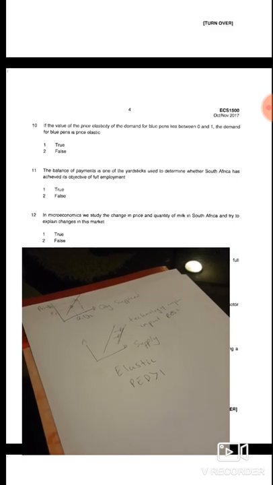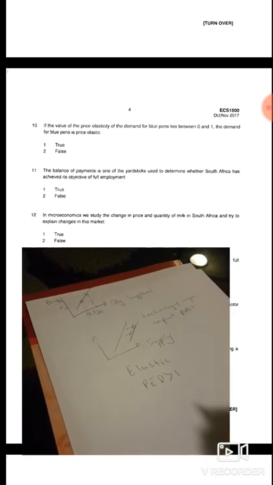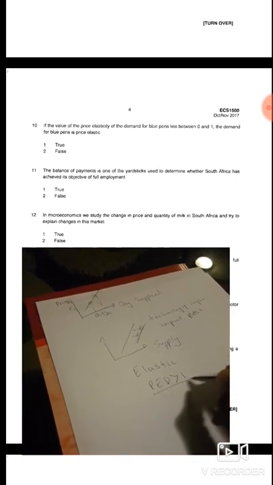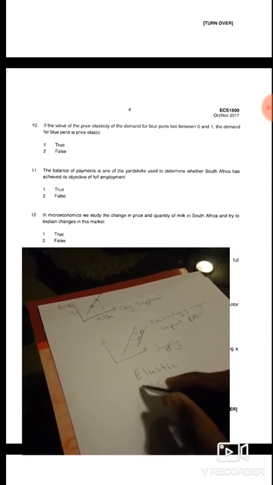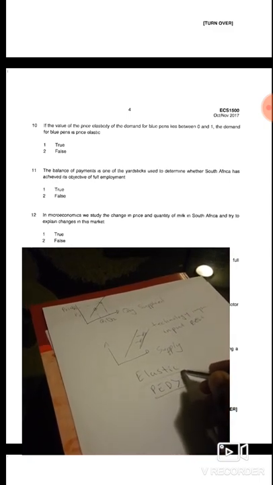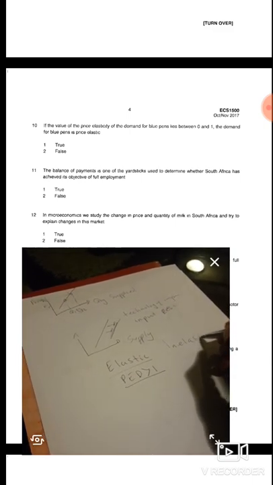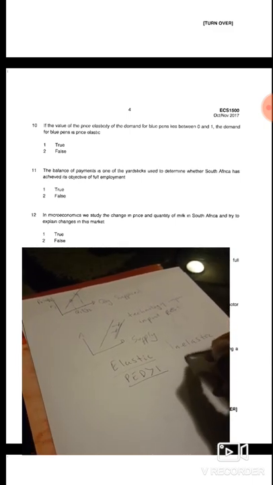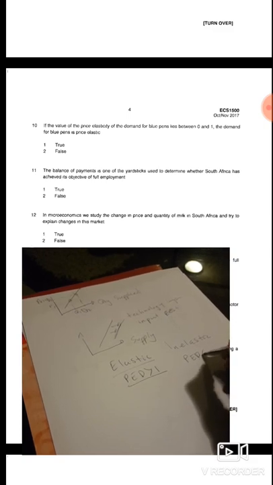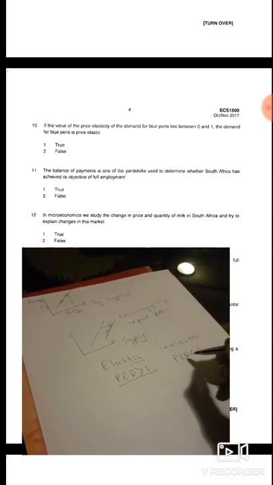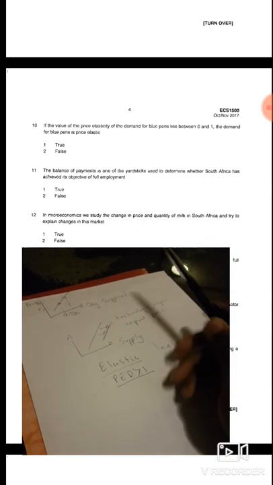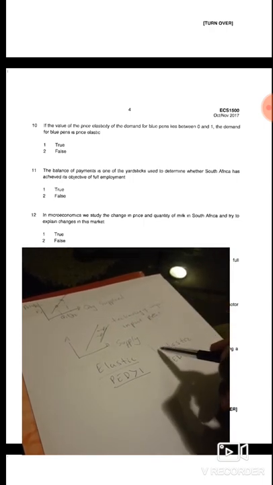So the answer is going to be false, because the price elasticity of demand is always greater than 1 when it is elastic. But if it's inelastic, what's going to happen? If it's inelastic, PED, price elasticity of demand, is less than 1. So whatever they've given us here is for inelastic.